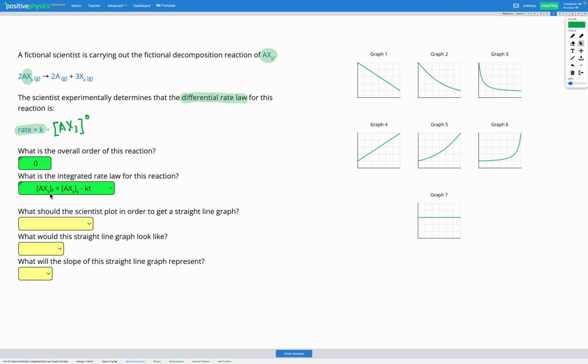So now that we know this is the integrated rate law, the scientist wants to be able to plot a straight line graph of this data. So the way we're going to do that is to map this integrated rate law equation onto the equation for a straight line, which is y equals mx plus c. So our y is going to be the concentration of AX3 at time t.